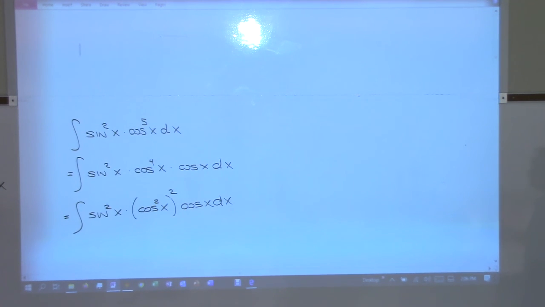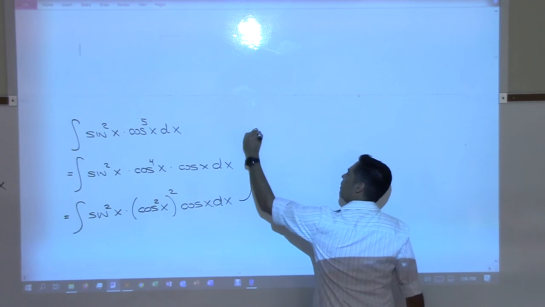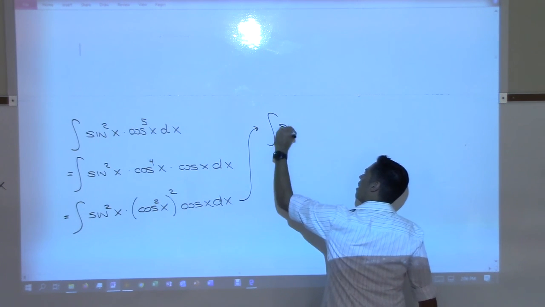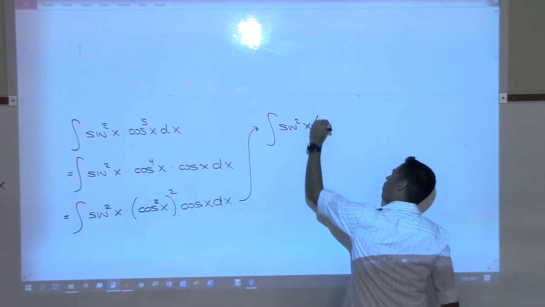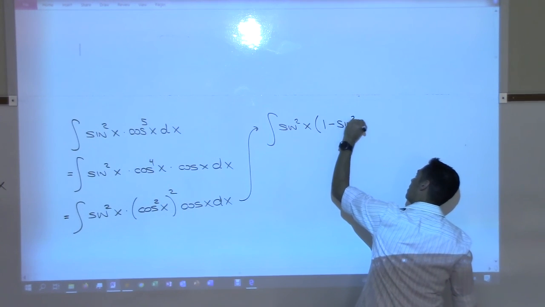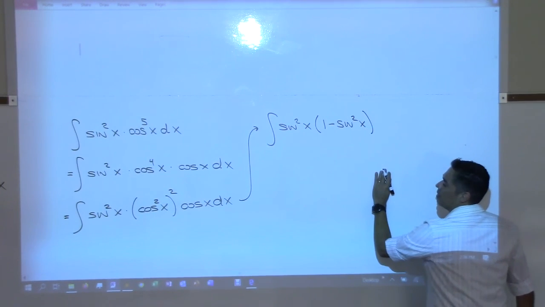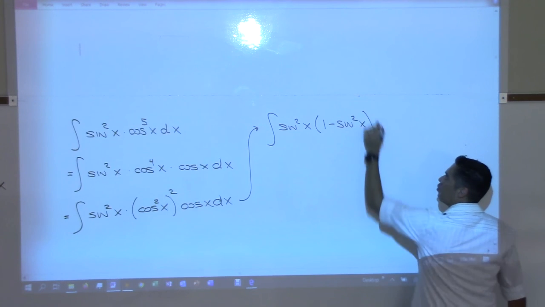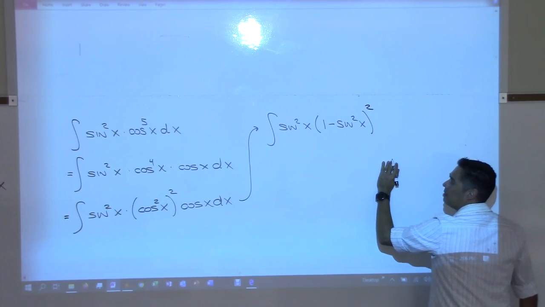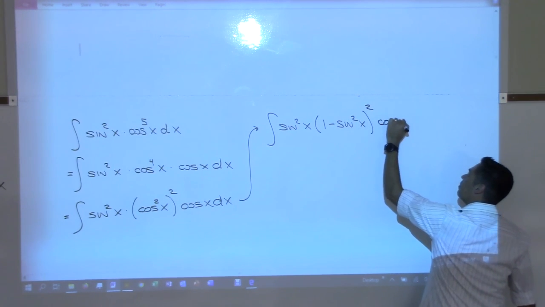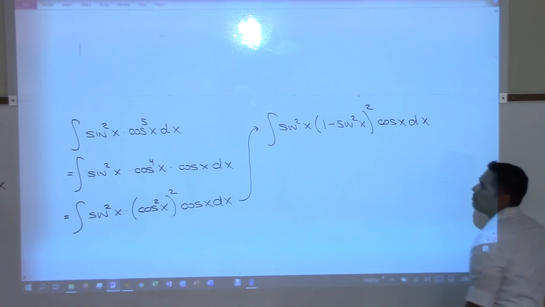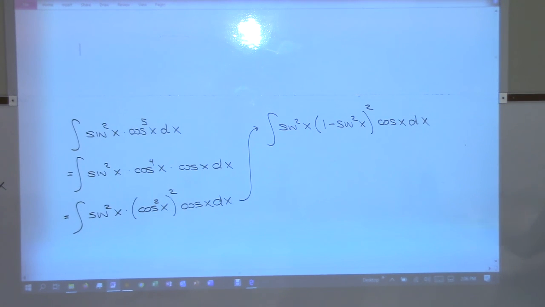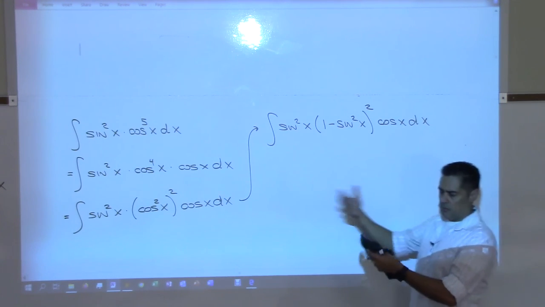Now the identity. So the integral of sine squared x, 1 minus sine squared x this time, squared, and then cosine x dx. Everything we've done right now is purely algebra, right? It's just algebra with some identities, following this method that's being presented to us.